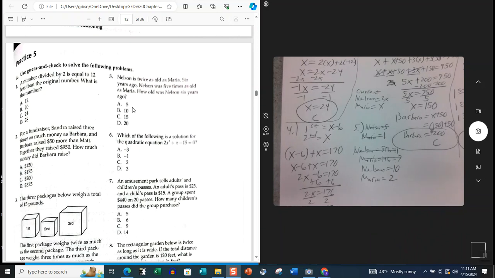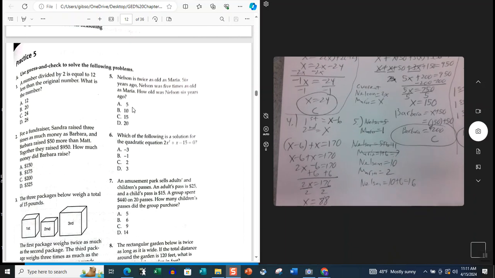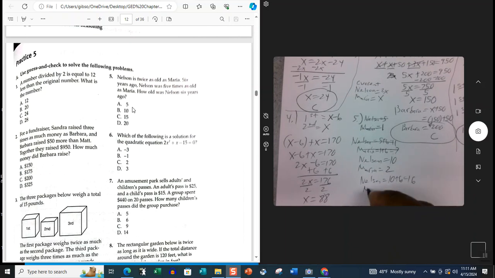Okay, so now, with that being said, we could substitute this value in. So that means 6 years from now, Nelson would be 10 plus 6, Nelson would be 16. Maria, 6 years from now, would be 8.